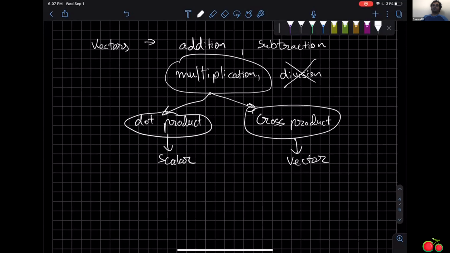Let me first define it, and then we can talk about why it's heavily used.